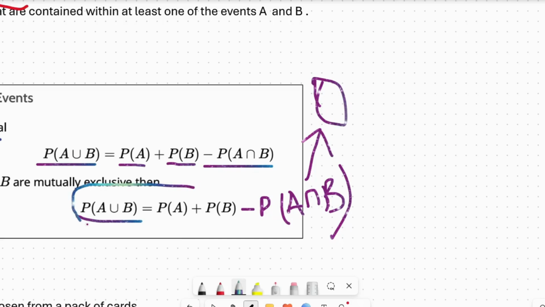Only if we know the events are mutually exclusive do we use this formula, and if not mutually exclusive, then this is the formula.